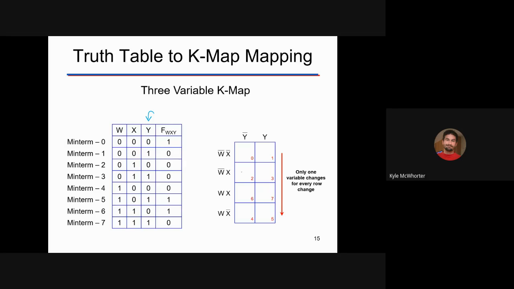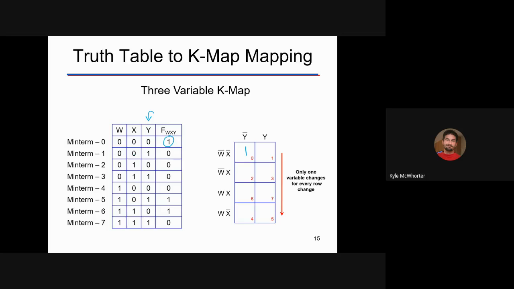Okay, now let's look at the way that this gets fed into our table here. In this first square, which corresponds to row 0 over here, we have 0, 0, 0, right? Not w, not x, not y. So that's this row. Our output is a 1, so we put a 1 in that box. This box here is a 0, 0, 1.